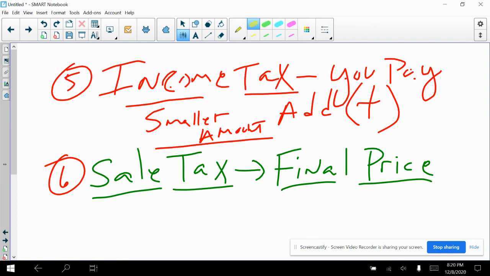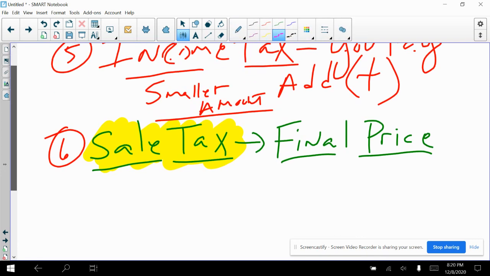This is really, really important, because they are really going to use sales tax. I summed it up: it's the price that you're going to pay at the register, after any sort of tip or sales tax or commission or property tax or anything. That is what you are going to pay.